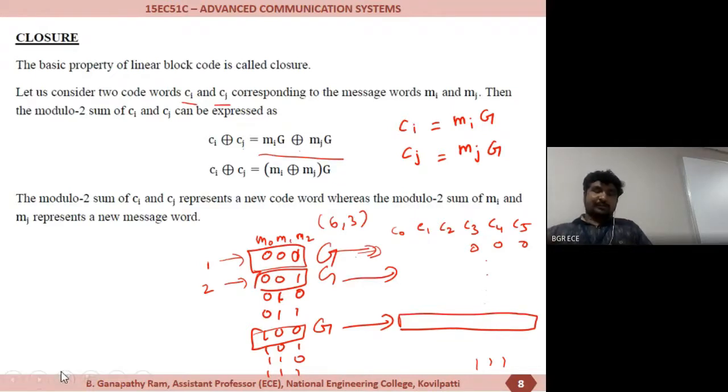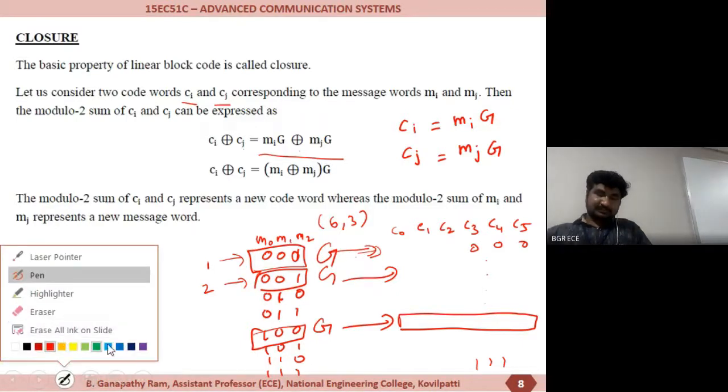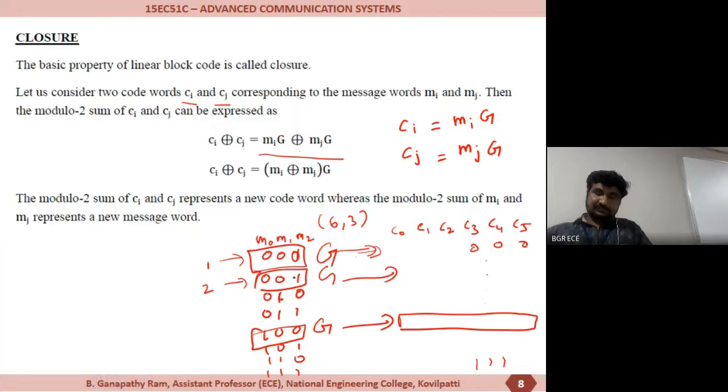So if you want to generate a particular code word, for example the code word for the value 010, suppose this is the corresponding code word for 010.